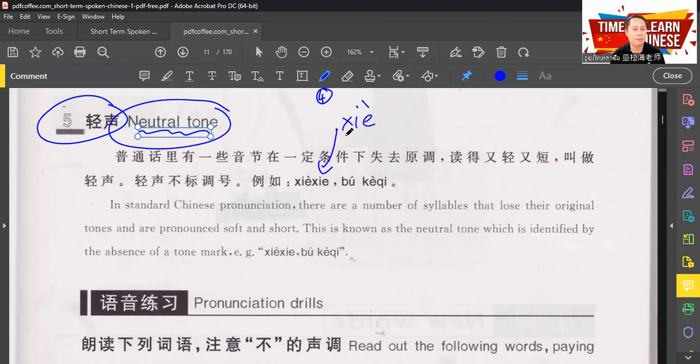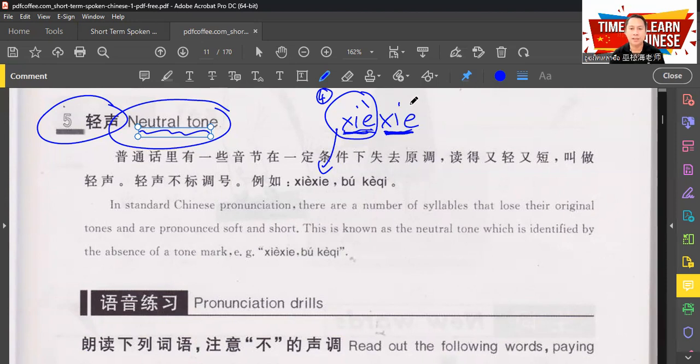SIE and fourth tone we call 谢, meaning thanks. When we say two words, there is the neutral tone after the first word. Okay, we call 谢, and the neutral tone we call 谢.